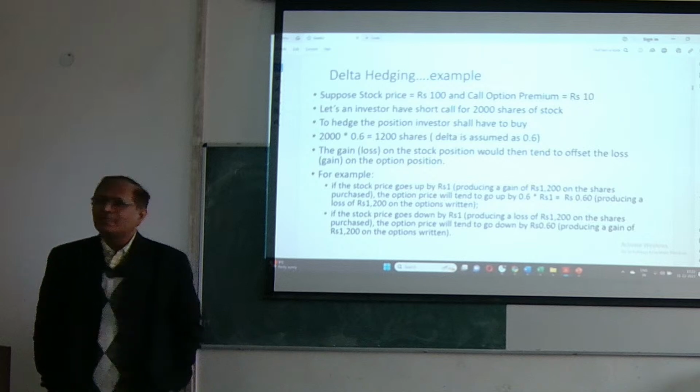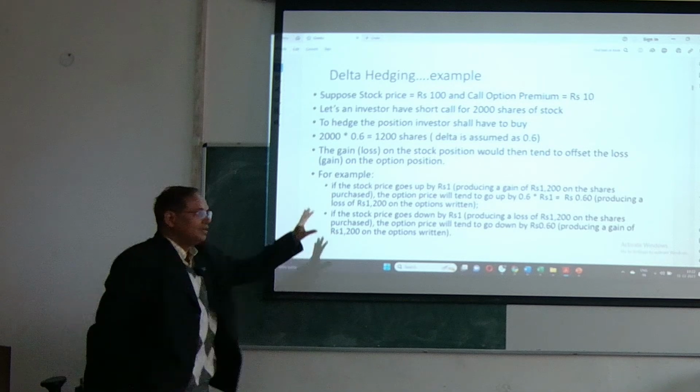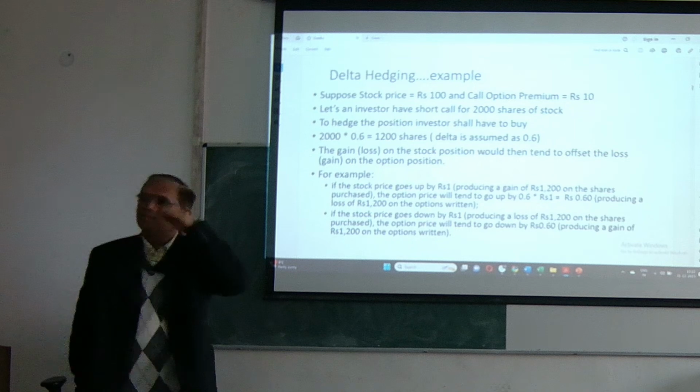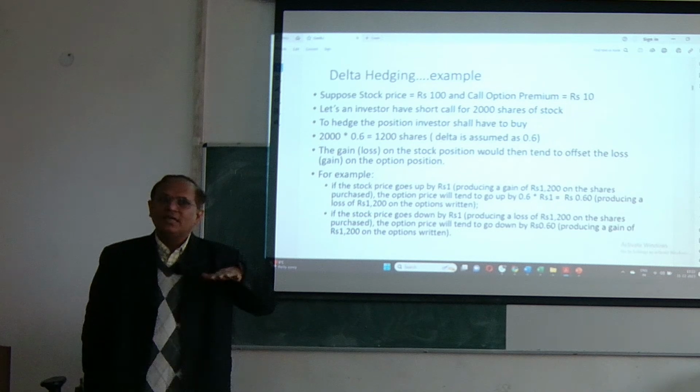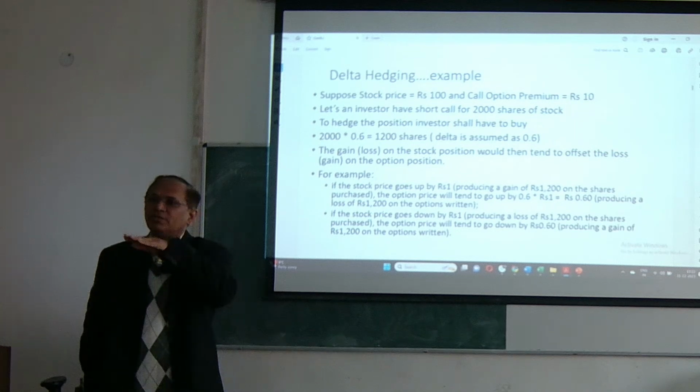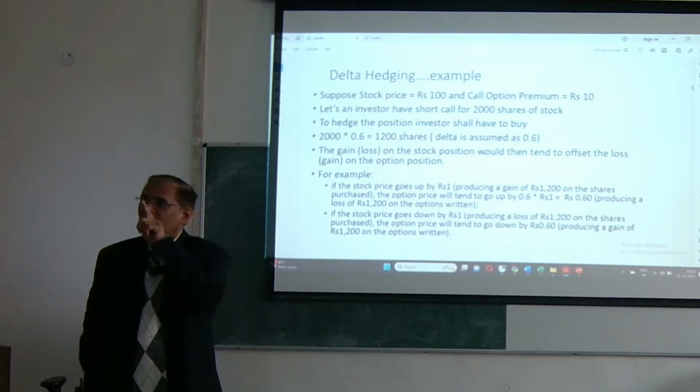Why 60 paisa per unit? What is this loss meant here? How to understand it? It is basically that you have the underlying as well as the options position. You are short call. Short call means you have sold the call option.